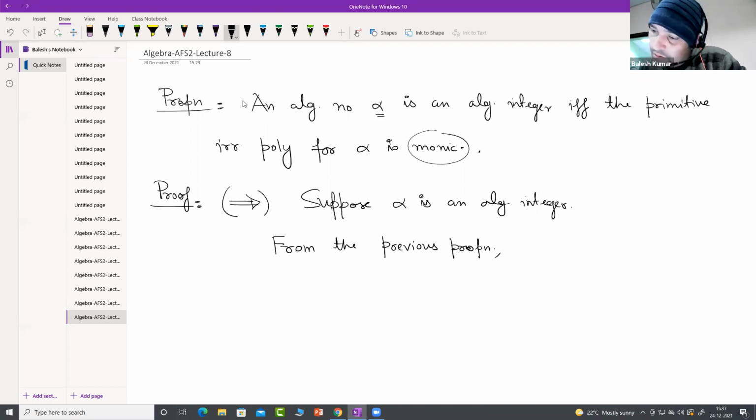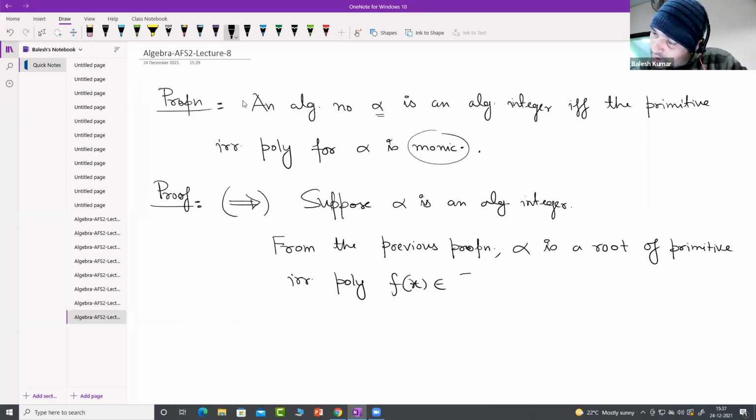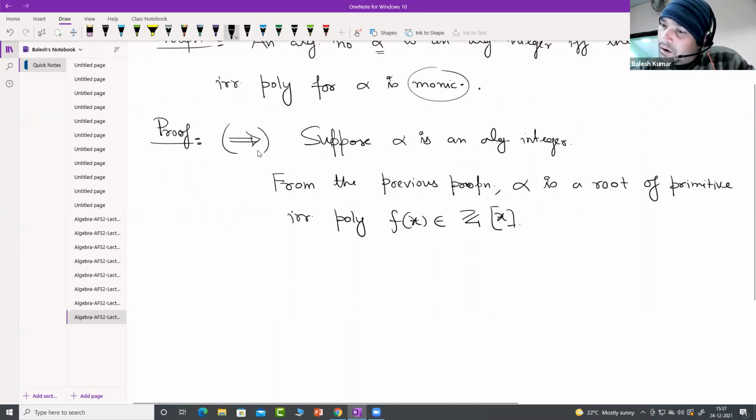So alpha is a root of a primitive irreducible polynomial f of x belonging to the polynomial ring with integer coefficients. Now our aim is to prove that the leading coefficient of this f of x is one, that is, f is monic.